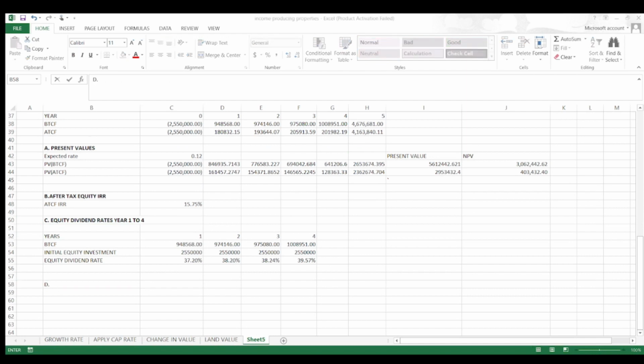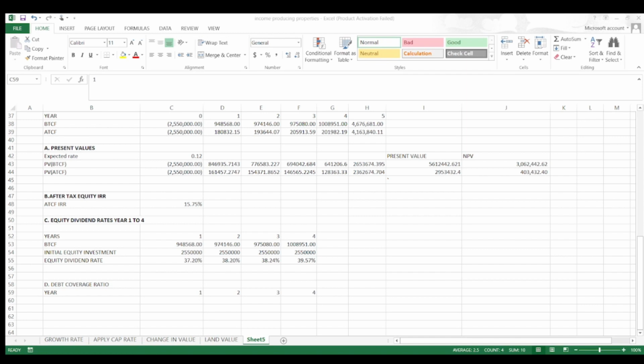For the final question, we are asked to compute the debt coverage ratio for years 1 through 4. So first, note the year, 1 to 4.